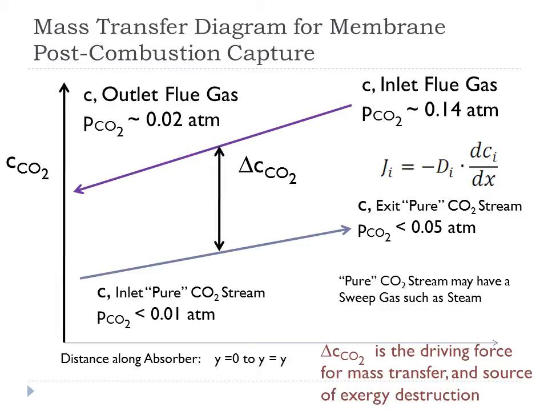And then what happens is as the CO2 crosses over, the partial pressure increases, and we could have it increase as high as 0.14 atmospheres. Probably a more realistic number is about 0.05 atmospheres.